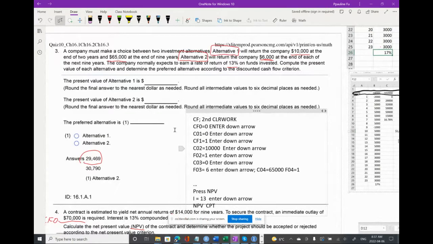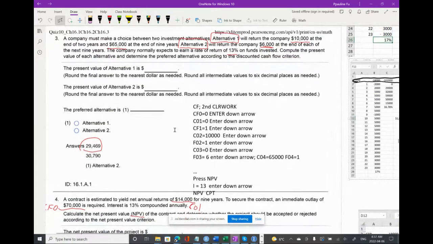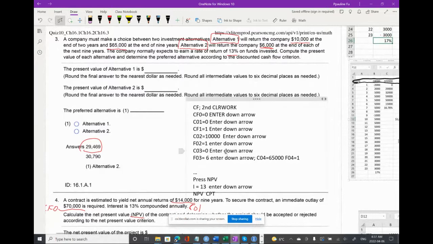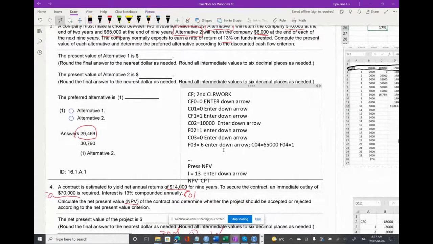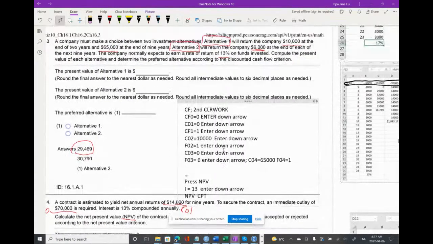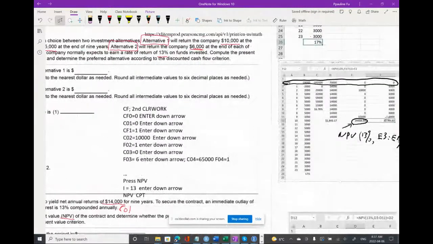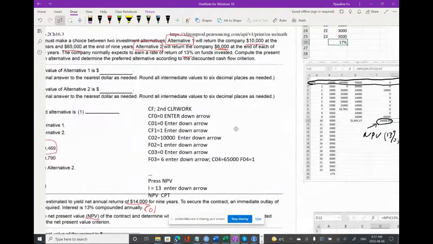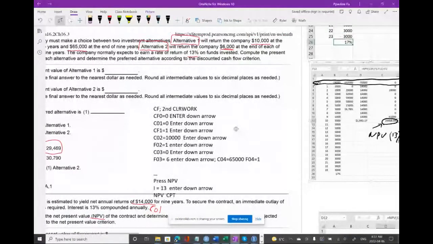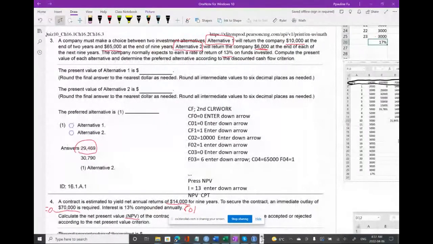Now I will do the calculator method. Remember, when you use the calculator, it is better to refer to the data in Excel here.